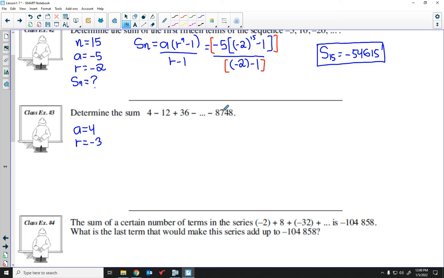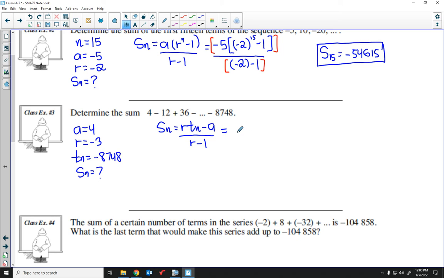I don't know how many terms there are here, but I do know what the last term is. The last term, t of n, has a value of negative 8,748. And I want to calculate S of n. I don't know how many terms there are. That's okay, though. We're going to use the second equation to do this. So that equation looks like S of n is equal to (r t of n minus a) divided by r minus 1.